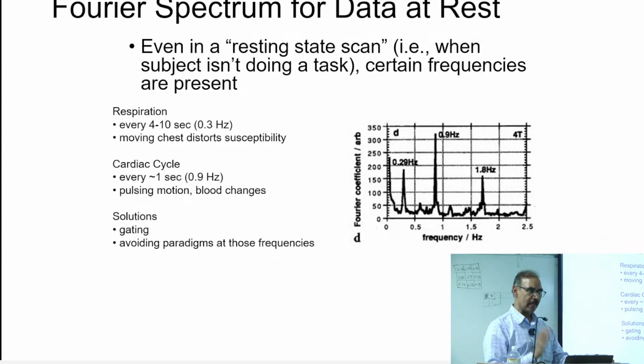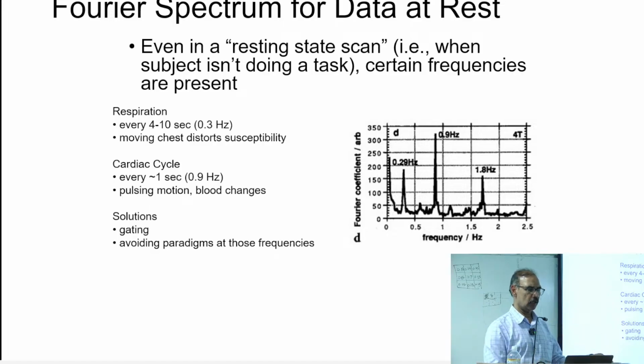But I want to emphasize that although I had used that, it is not necessarily the right way. If you have enough data, you don't have to do filtering, because you can perhaps see what is happening to the respiration signal.